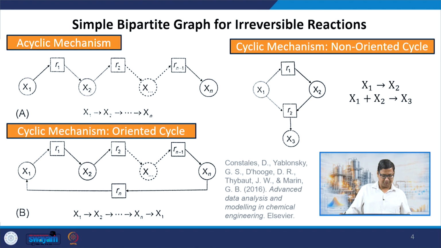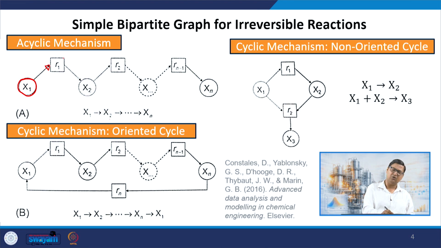So let's take an example. We have, let us say, some irreversible reactions in here, and I begin with an acyclic reaction where there are no cycles. So I'm going from, let's say, x1 to x2 to x3 in a series manner to some xn. Let's say x1 is my first intermediate, then from x1 I undergo the first reaction.